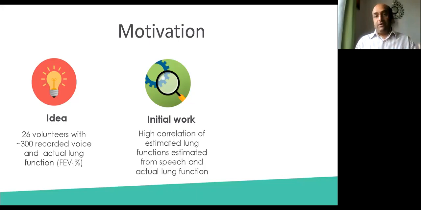The estimated lung function and the actual lung function were amazingly found to be highly correlated. It was not the same, but highly correlated. If the actual lung function went up, the estimated lung function also went up. If the actual lung function went down, the estimated lung function also went down. So that was the initial work.